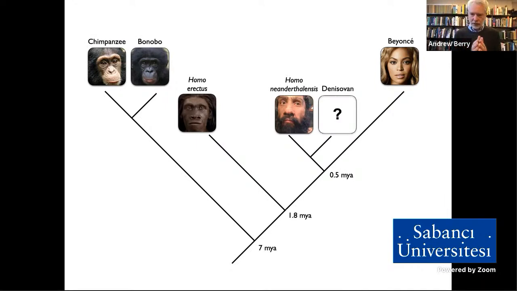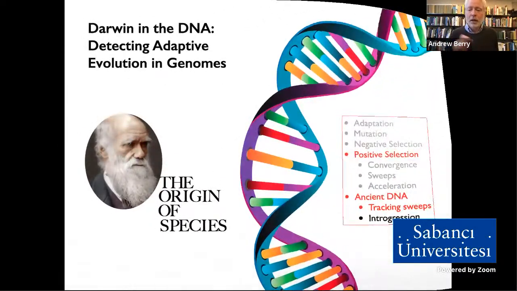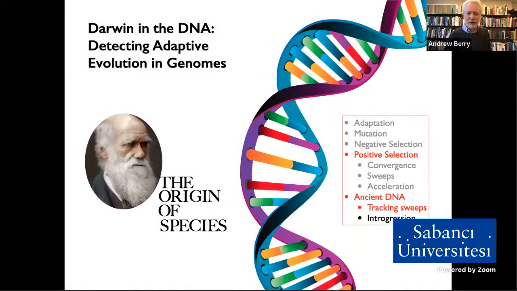In other words, ancient DNA has contributed to revolutionizing our understanding of who we are and what we're related to. But this is the cool stuff. It's a time machine to help us study the fixation of mutations.